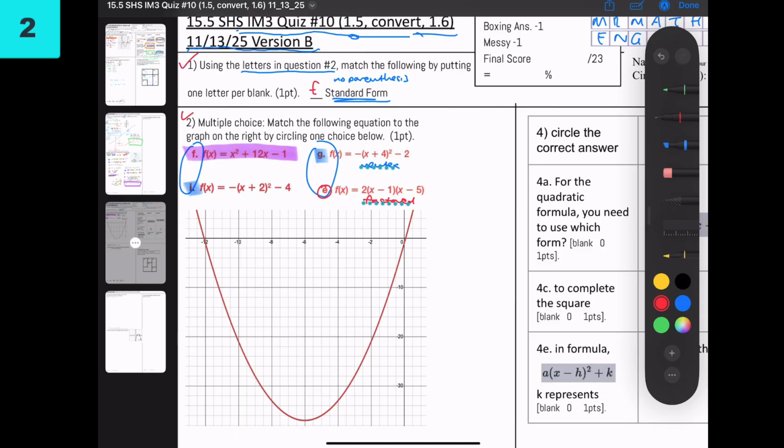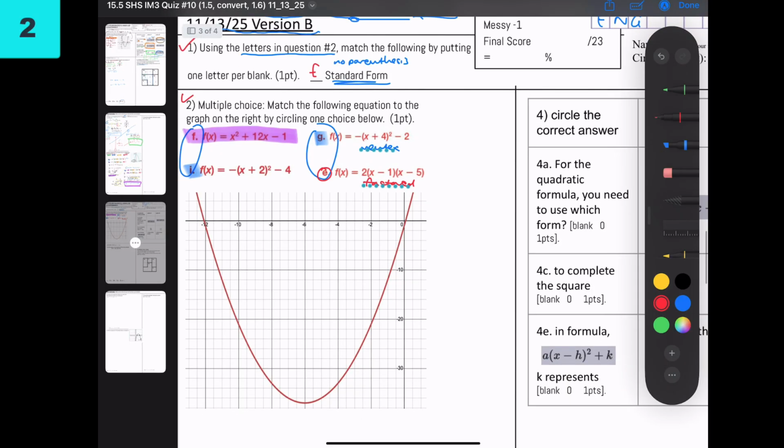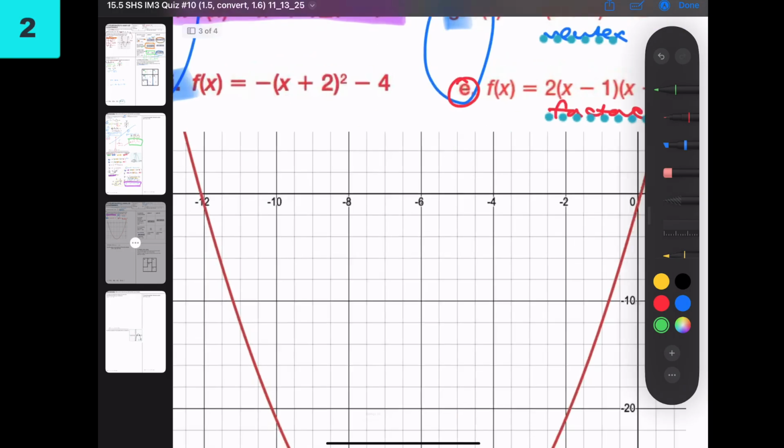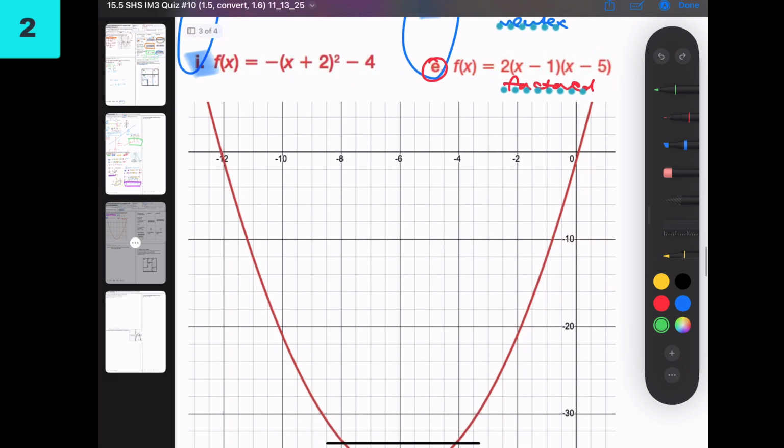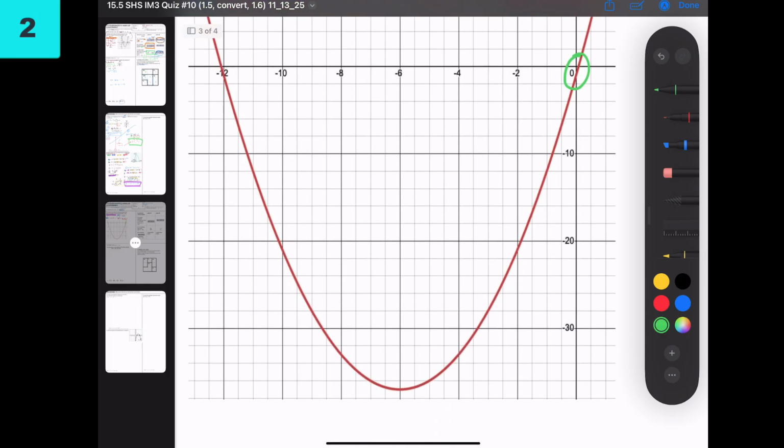Okay, number 2, match the following equation. I noticed my equation looks like negative 12, but it's not. I'm a little bit fooled by that. Over here, it doesn't look like it's exactly going through 0.